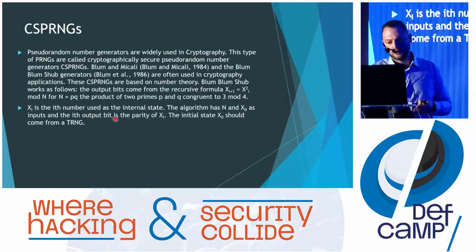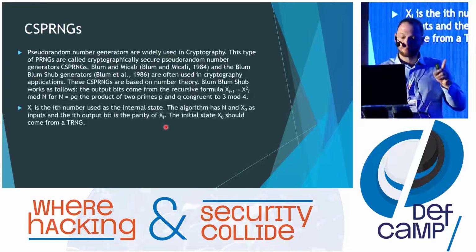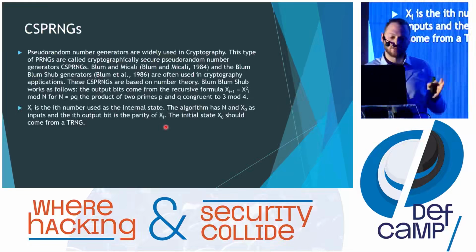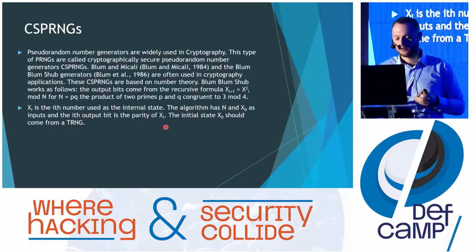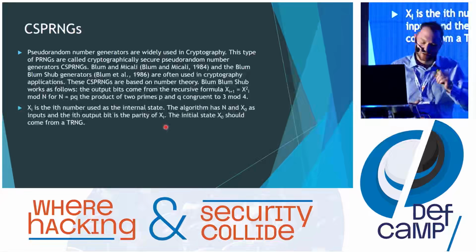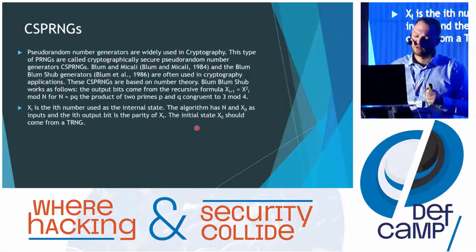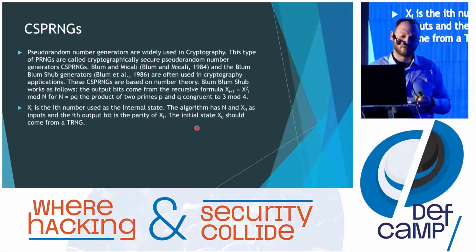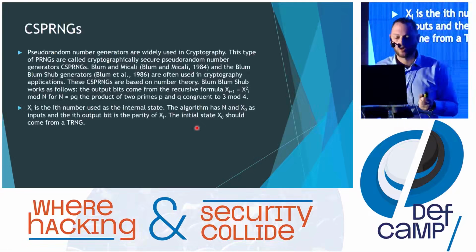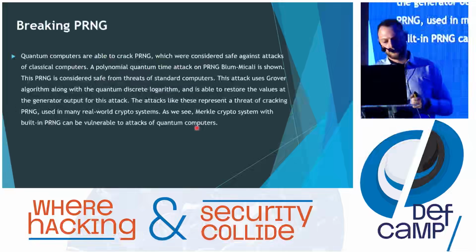As input it must get the seed x0, and it must get n. The very important thing is that the initial state x0 must come from a true random number generator.